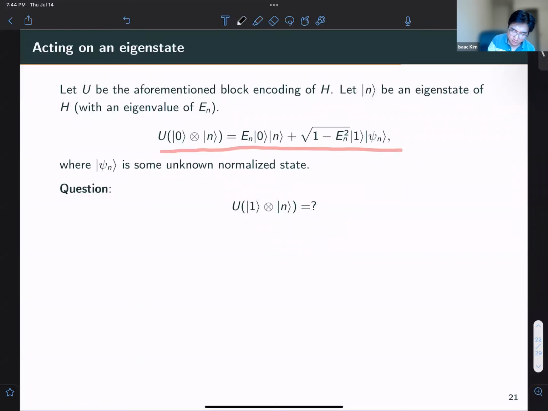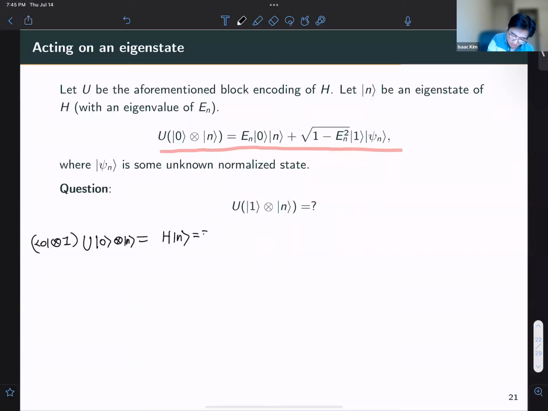And that will lead to the following thing. Why is that? It's because of the block encoding assumption. I know that this is going to be H. So if instead of having an identity here, I have an energy eigenstate n, I'm going to have E_n times n here.